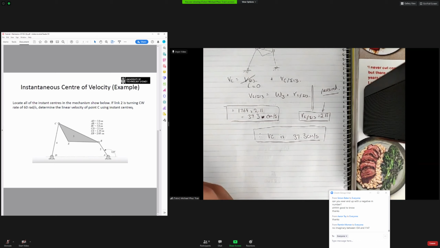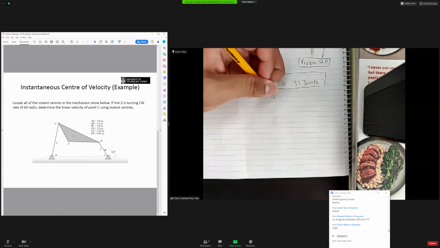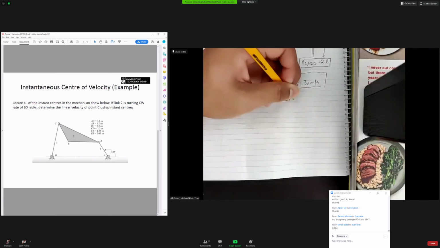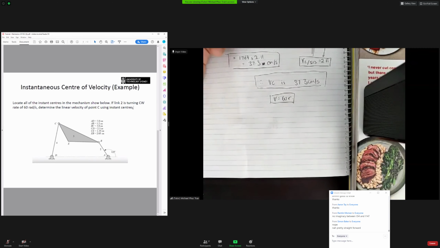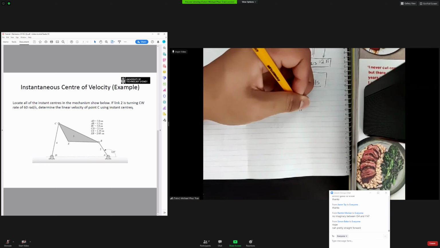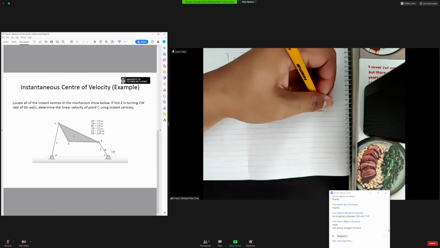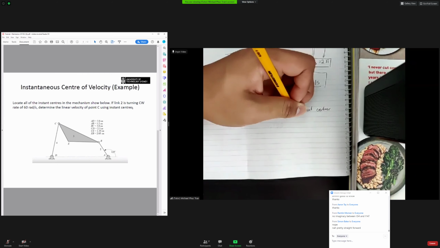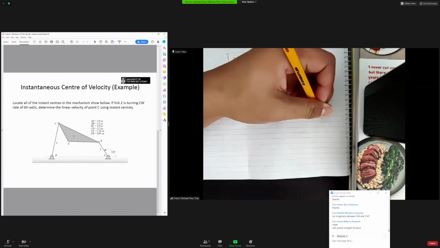Any questions? It's not too bad, is it? I don't think. Same as the other weeks. The key relationship you need to remember is V equals WR, and also that instant centers can be 0.